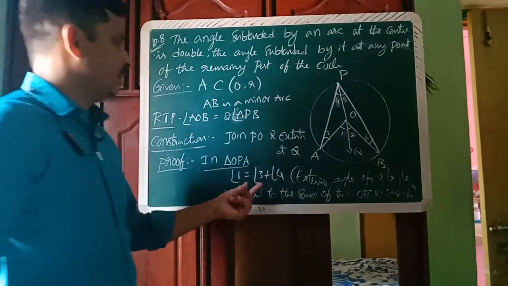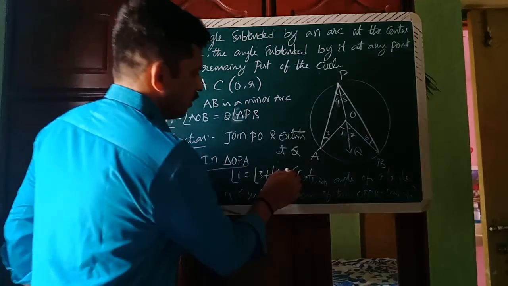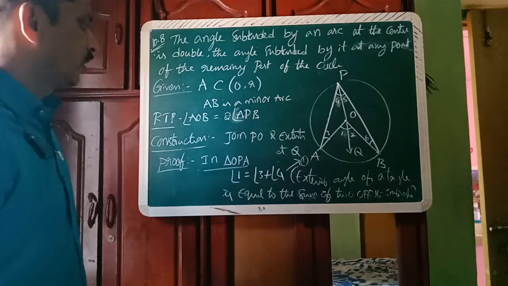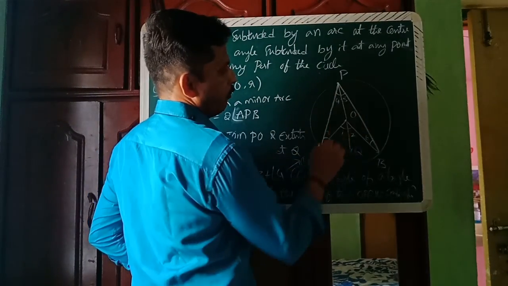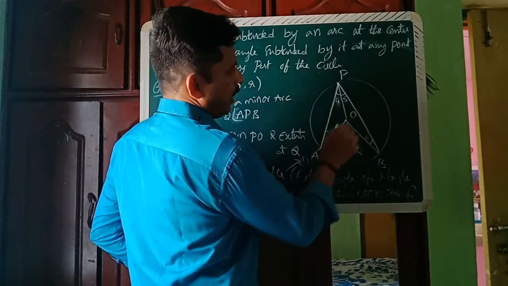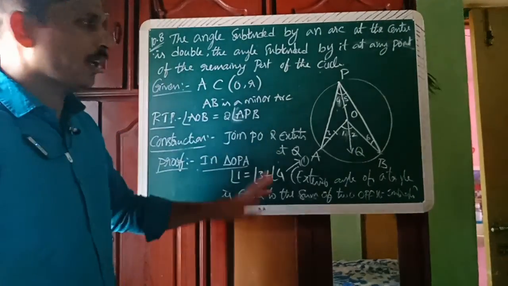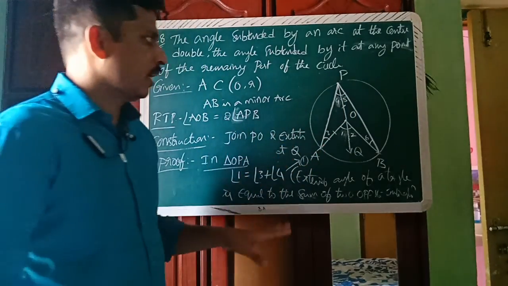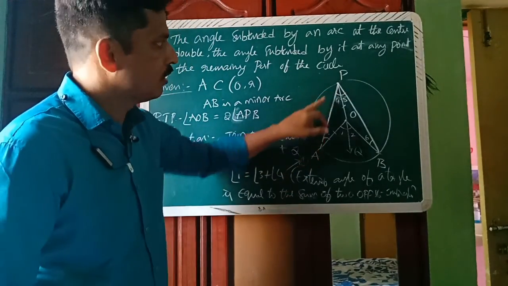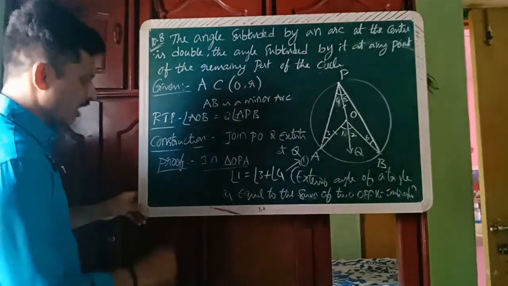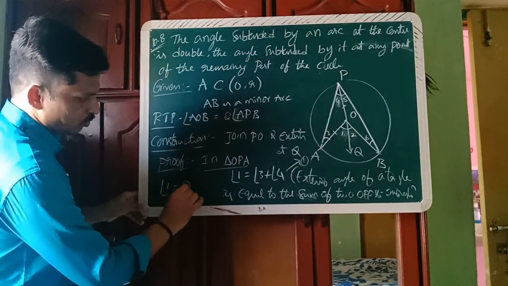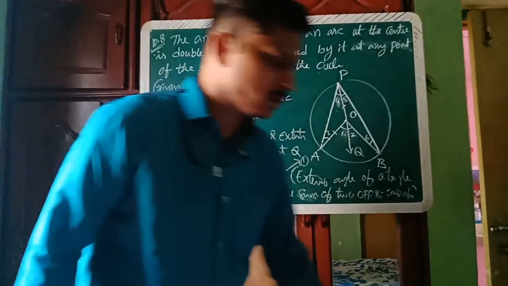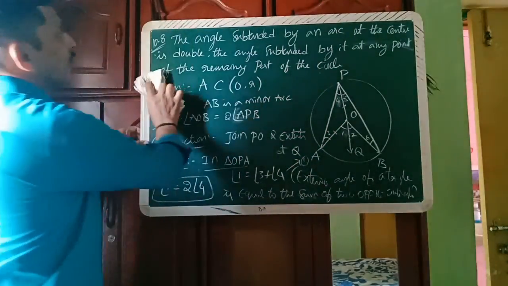This is treated as equation 1. In this triangle OAP, OA is equal to OP because these two are radii, so it is an isosceles triangle, and in an isosceles triangle base angles are equal. So angle 1 is equal to 2 times angle 4.